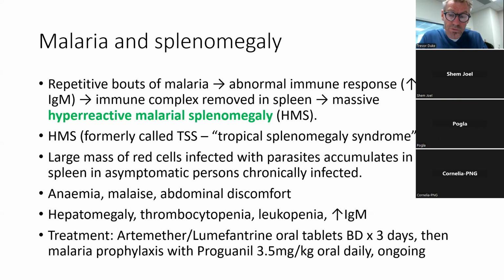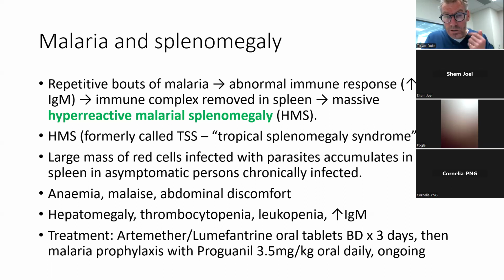You often have to treat for many, many months to see any change in the size of the spleen. But usually after a couple of months of daily treatment with proguanil, the IgM levels will fall and the spleen will come back to a normal size.